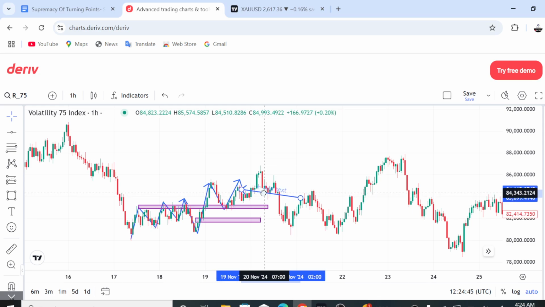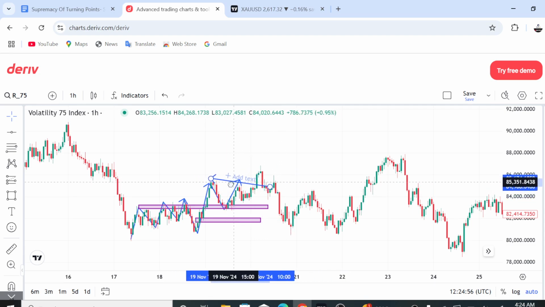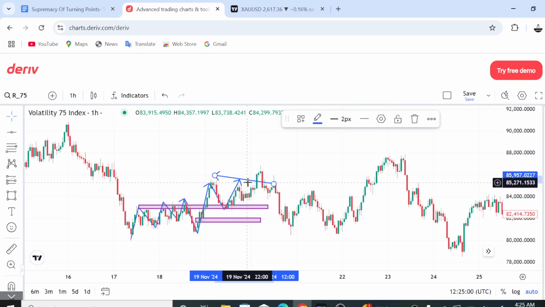And then when you buy this market, you want to take your profit on a previous high because you are buying, right? So when you place your take profit here, what happened? The market reached here and actually hit your take profit, right?